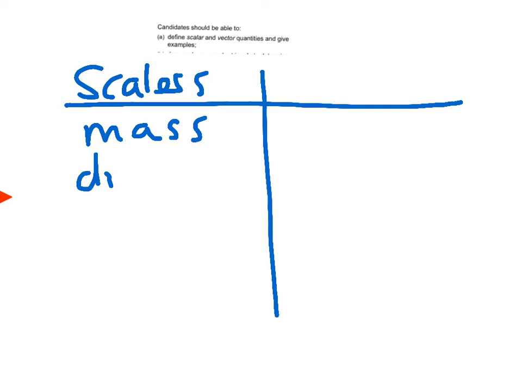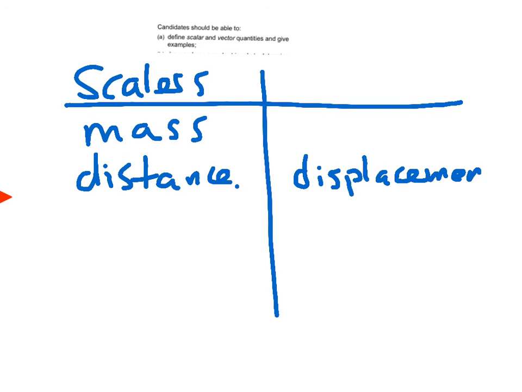Okay. Distance. You're probably thinking, well, that's a bit odd. Well, surely that has a direction. Nope, because displacement is the vector version of distance with a direction, if that makes sense. Okay, so get that in your head. Displacement is a vector.